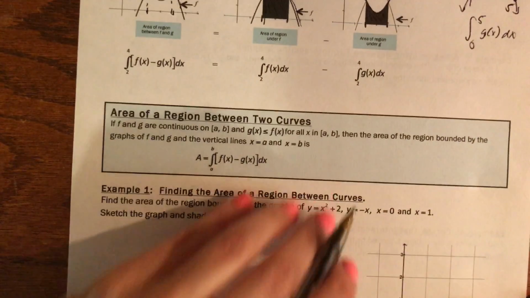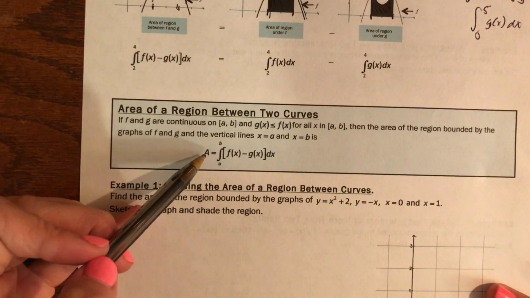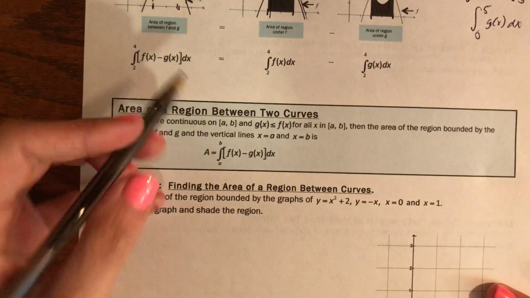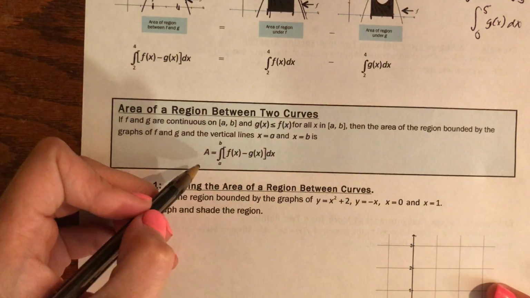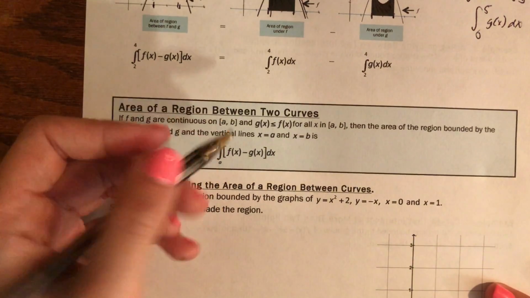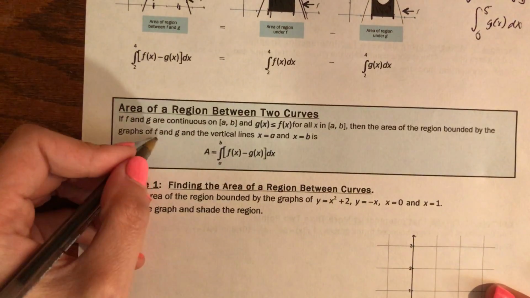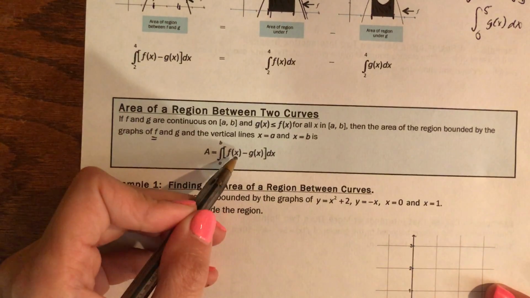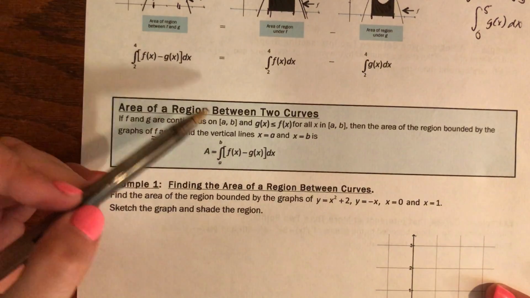So the basic formula to take away is the area between two curves is equal to the integral from a to b, so wherever they intersect, of f of x minus g of x, okay? Where f of x is typically your top, bigger function, which has more area, okay?